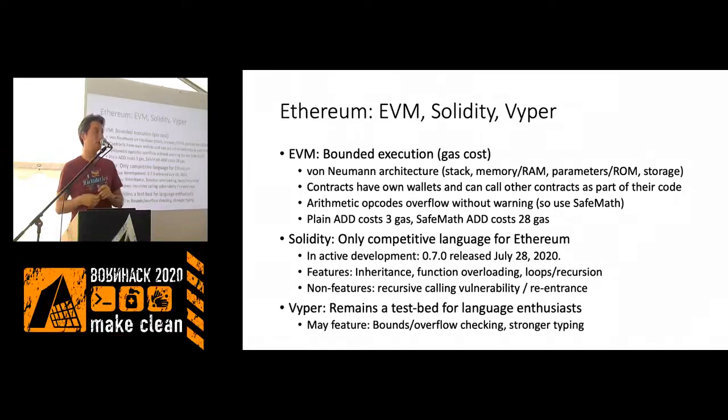EVM is a very simple abstract virtual machine, so it has a stack, just like most other cryptocurrency virtual machines like Bitcoin and some of the others that I will mention. It has memory, so you can do arbitrary indexing into memory and say I like the 24th word.